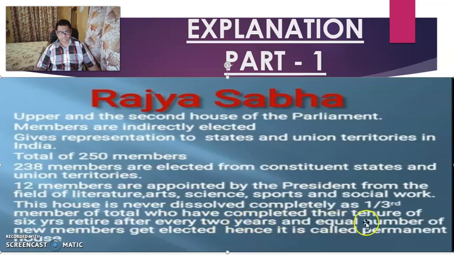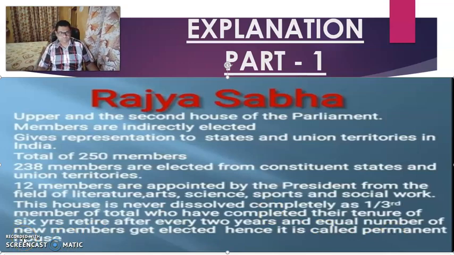An equal number of new members get elected in their place. So how many are going, that many are coming in. So the house is not getting dissolved at all, and so this house is also called the permanent house. I hope you all have understood.